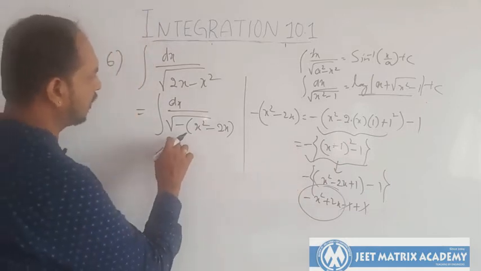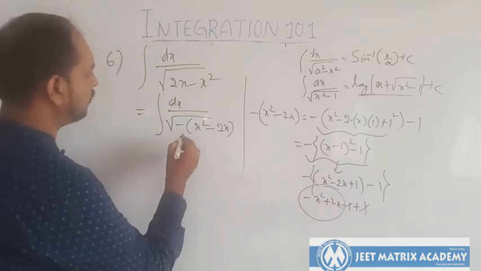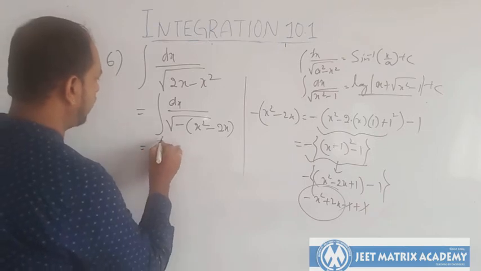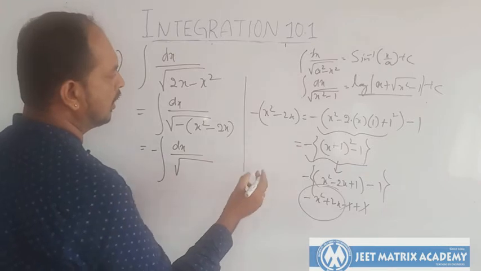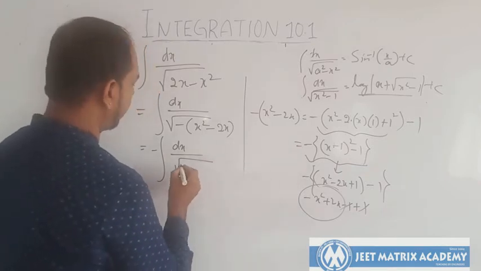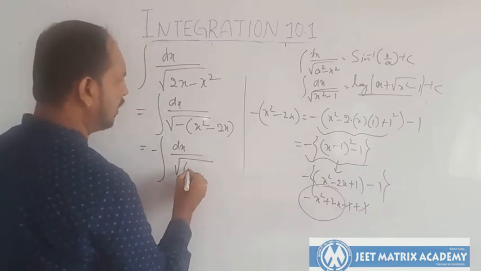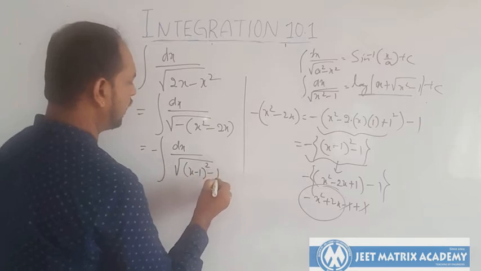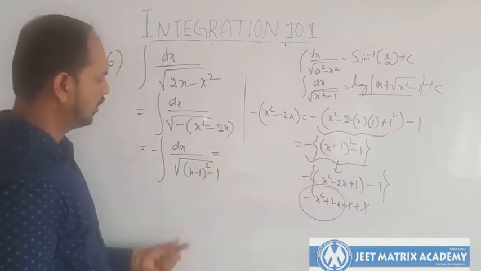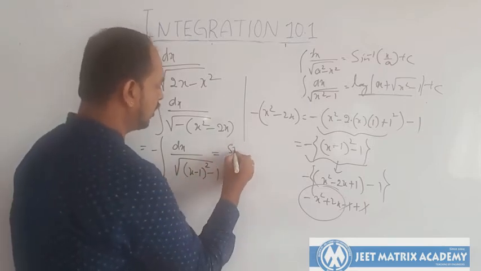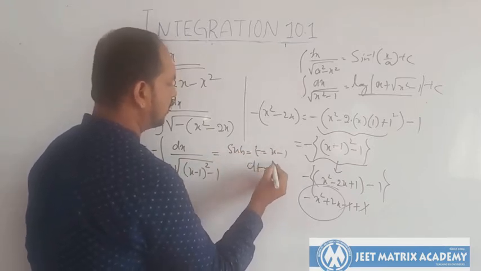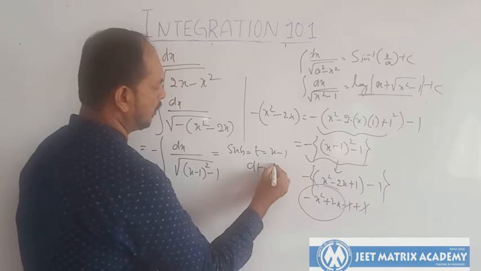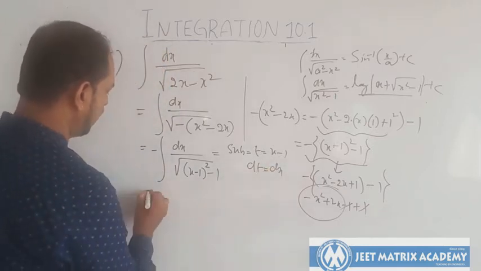So what I can do is I can write this as minus sign. I'll take dx by root of x minus 1 whole square minus 1. Okay. So substitute t as x minus 1, dt equal to dx.